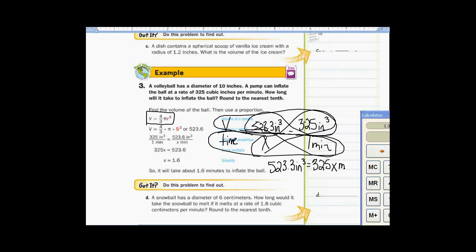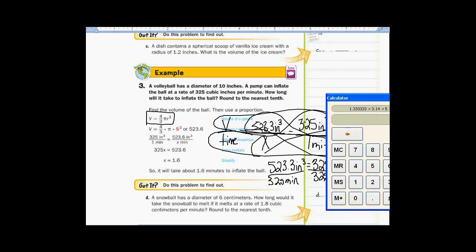And those are basically minutes. So I'm going to divide by 325 minutes. I want the x to stay there because I'm solving for it. So let's take my answer that I already have up here and divide by 325.